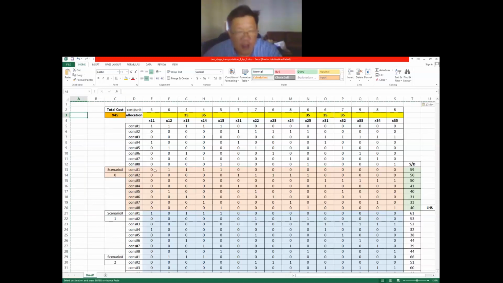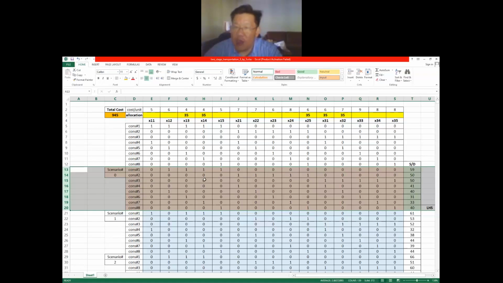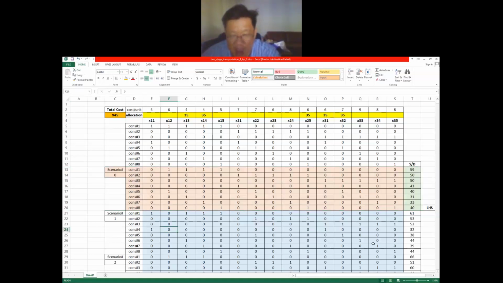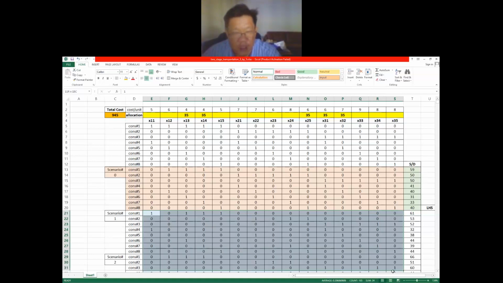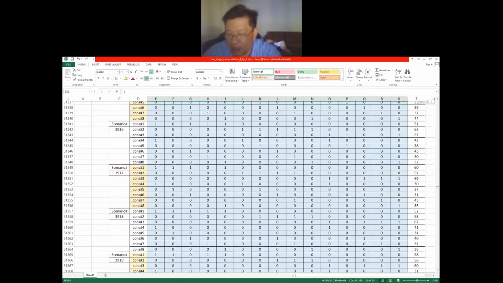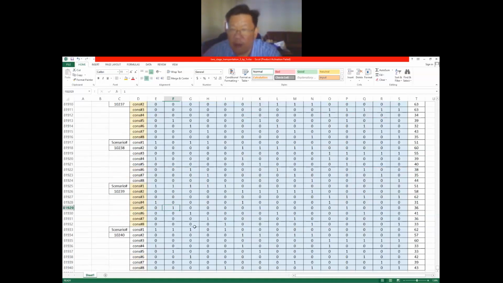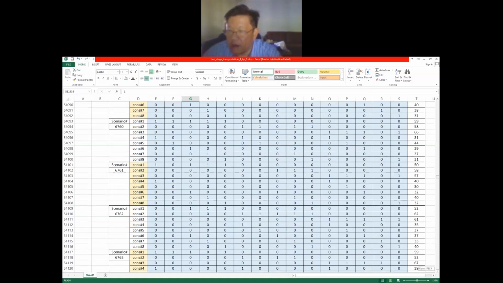But the problem is that the formula over here is also missing. You can see that from row 13 to row 20, we want to keep the formula, because suppose you want to add more scenarios, you need to add this formula to the new scenario that you add. But from here on, it's already fixed. You can see from scenario 1 to scenario 10,240, there's no more formula; it's all the scenarios that you already generated.